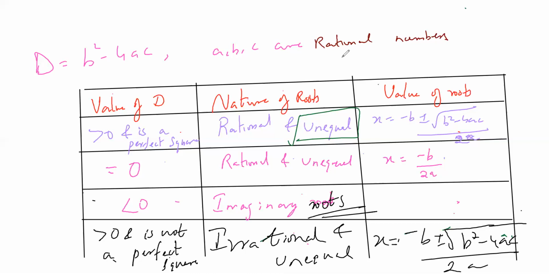Equal to 0, both is rational and irrational. Let me see a doubt in this. Yes, equal to 0 is also rational and equal. Let me just check that particular thing.